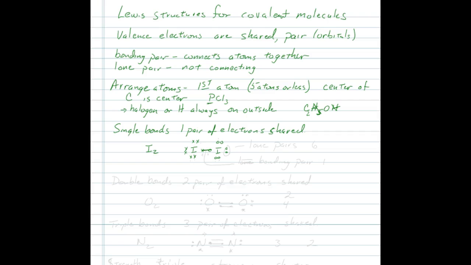On the left-hand one, there's 1, 2, 3, 4, 5, 6, 7, 8. And that's what you're looking for, 8 valence electrons. 8 is great. 1, 2, 3, 4, 5, 6, 7, 8. 8 is great again. So that is the molecule. The connecting pair here is the bonding pair because it connects them.